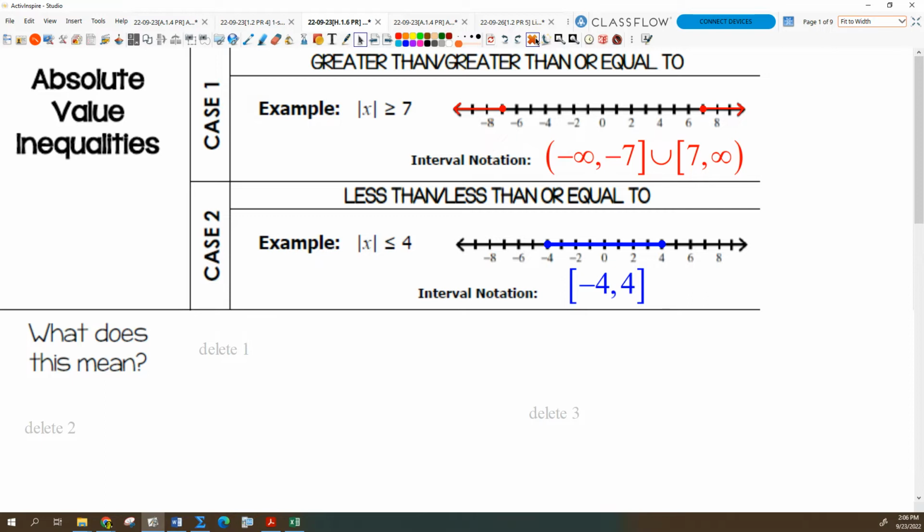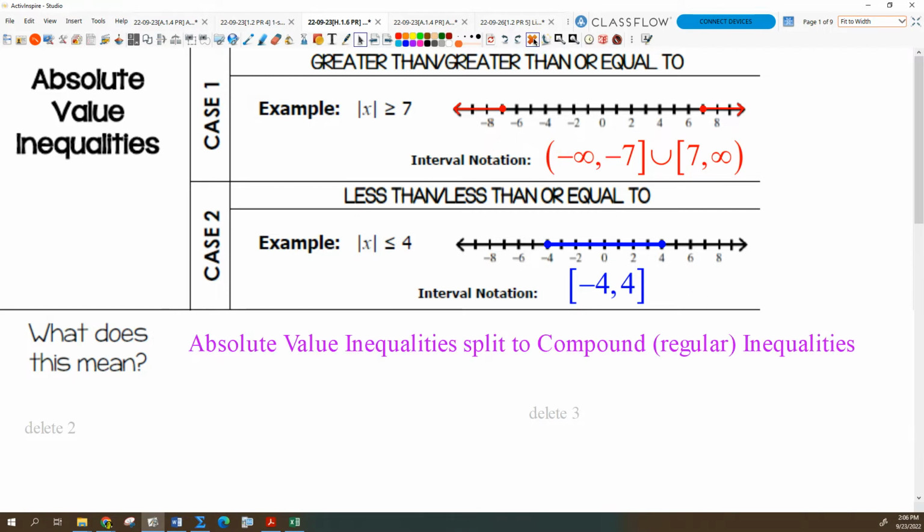So what's all that mean? It means that absolute value inequalities split into compound regular inequalities. Like when we solved absolute value equations a while ago, we took the absolute value equation and split it into two regular equations.